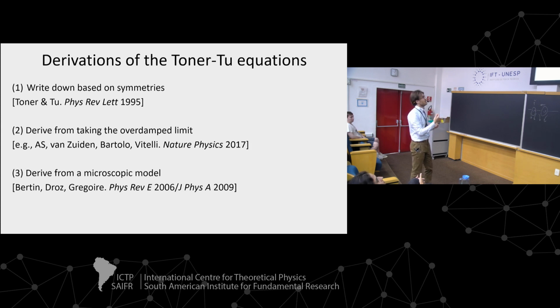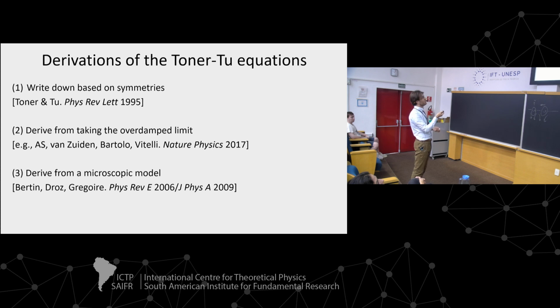But there are other ways to try to understand and derive these equations, in particular to connect them with other ideas. For example, what if your velocity and polarization are not aligned, are a little bit out of alignment? And what if you have a particular microscopic model that has spins interacting in some particular way? How do you find all of the parameters in these Toner-Tu equations?